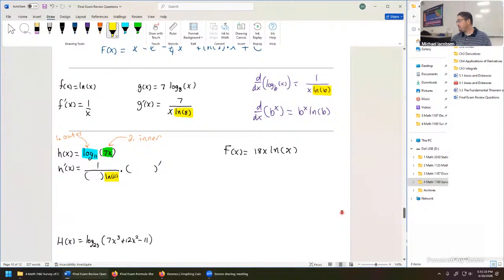Naomi says, so if the base is raised to anything other than just x, we use the chain rule. When you refer to the base, are you meaning the base of the logarithm, or are you meaning the function inside the logarithm? So as far as the base goes, yes, so 11 is the base here.